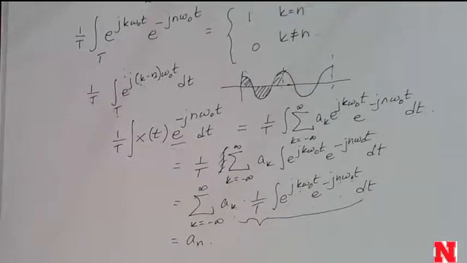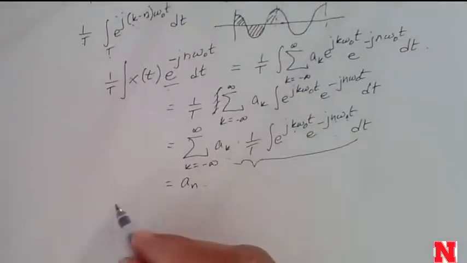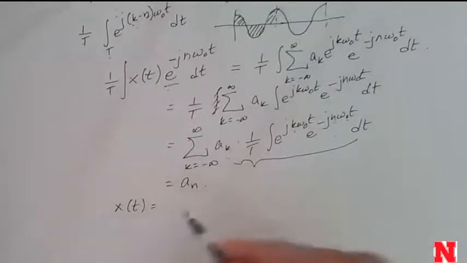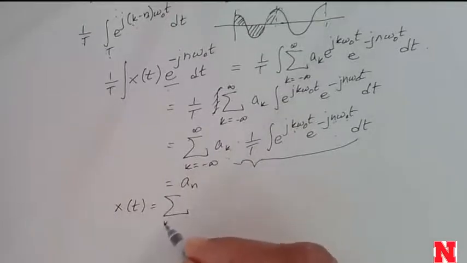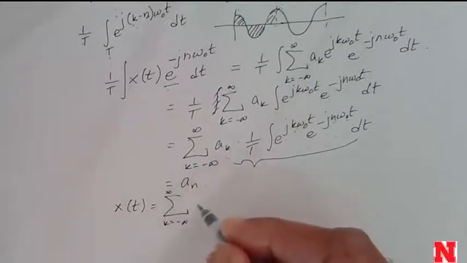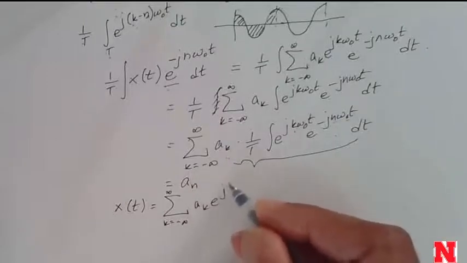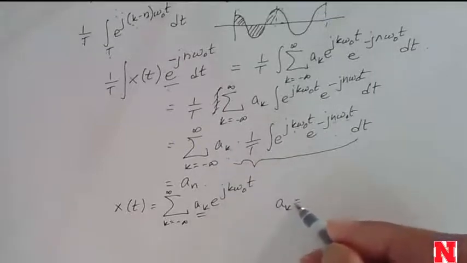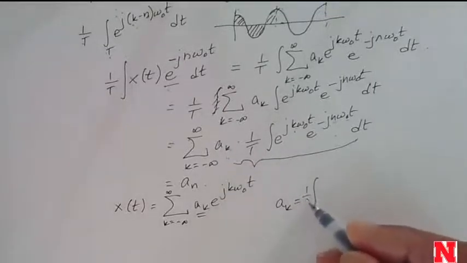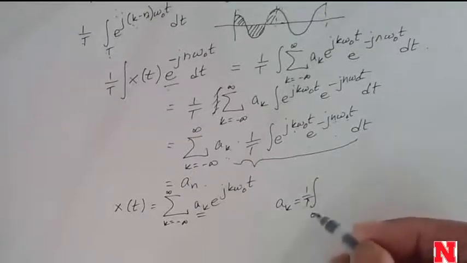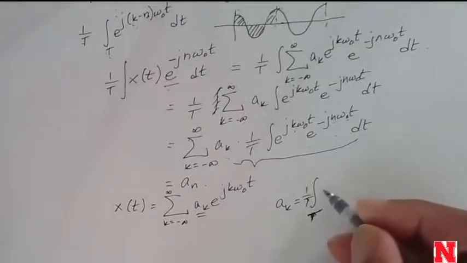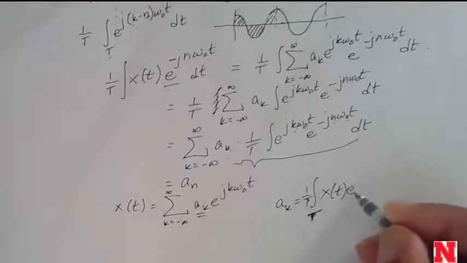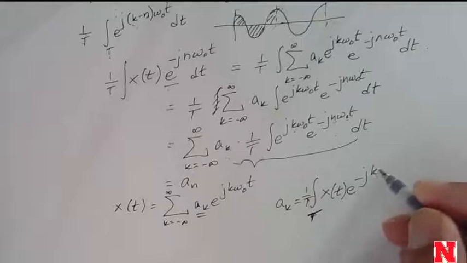Right? So I can find these coefficients. I can find all of the coefficients of my expansion. So here's my expansion. Here's the two equations that you need. My expansion itself, which is the sum from k equals minus infinity to infinity of a sub k e to the j k omega naught t. And in order to find these a sub k's, all I need to do is take the integral, 1 over T, over one period, of x of t e to the minus j k omega naught t.